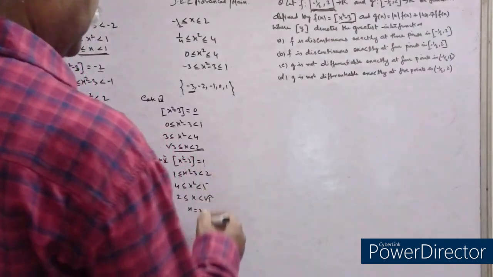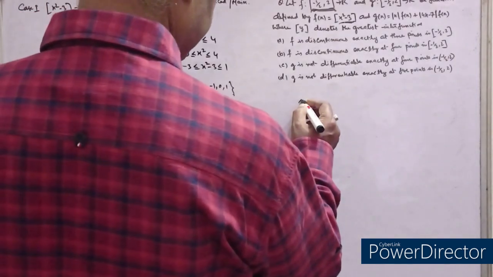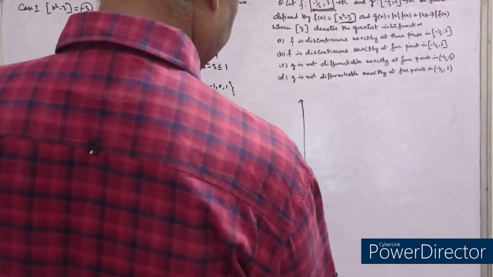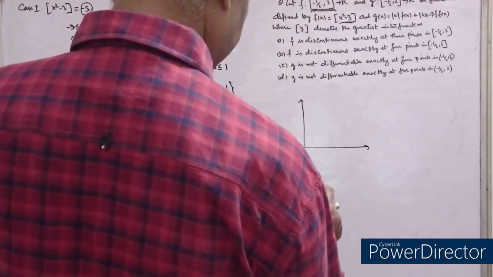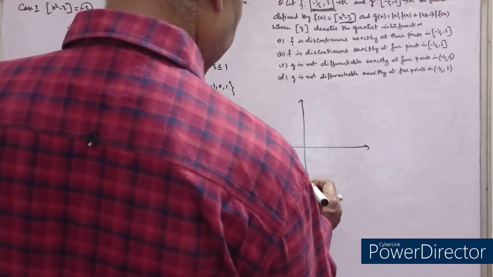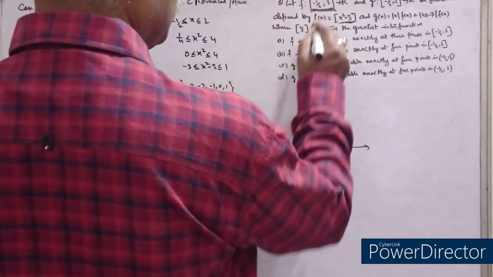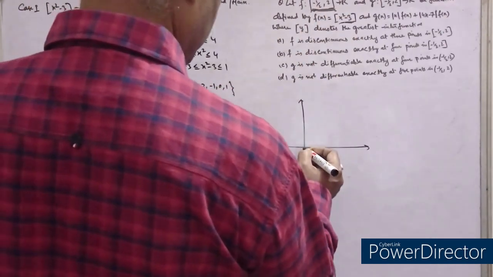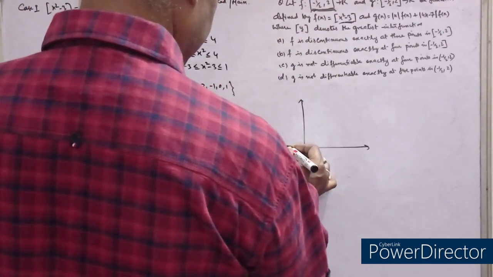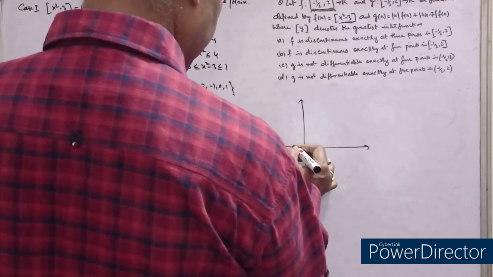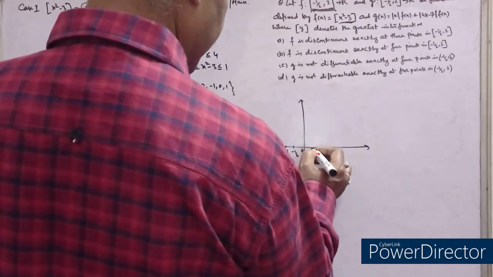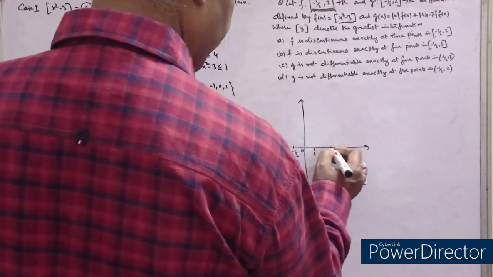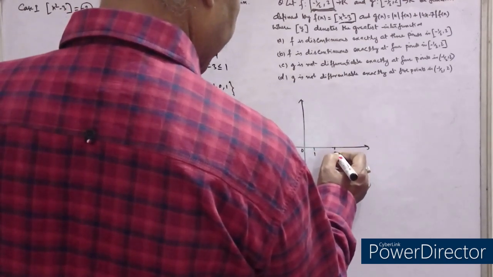Now from this data, let me draw the graph here. So this is your graph. Here you see that your domain limit is from -half to 0. So 1 will be somewhere, -1 here, and -half somewhere here, and 1 let us take somewhere here, and 2 somewhere here.